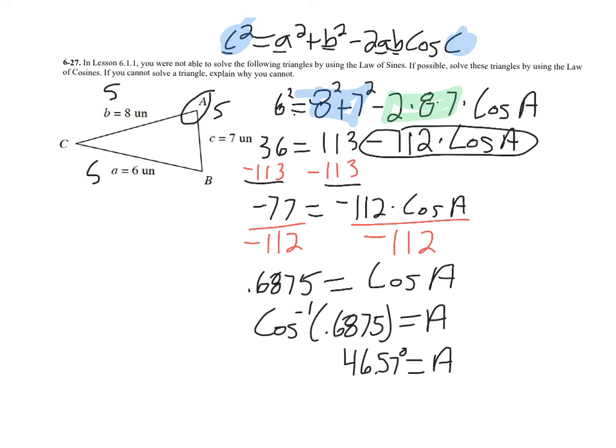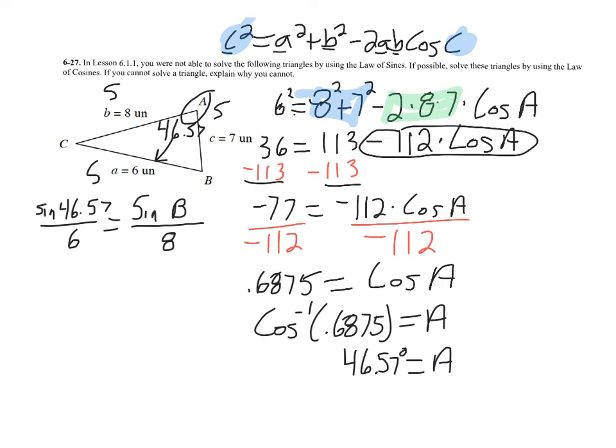Now I can use law of cosines to find another angle, but I think it might be faster to actually start using the law of sines to help us. So if this angle appears 46.57, and that's the side opposite, according to my law of sines, the sine of 46.57 over 6 has to equal the sine of angle B over 8.